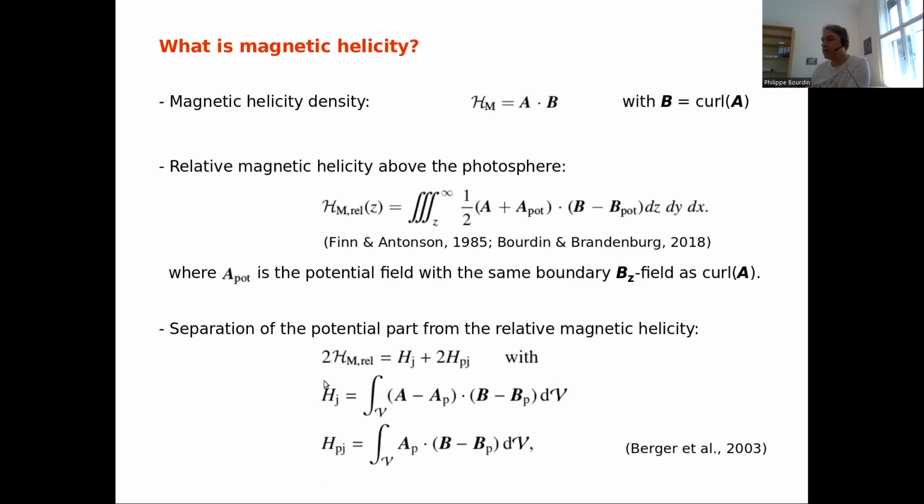They are defined in these two ways, as you see here. So again, using a potential field extrapolation from the same surface layer, you construct these quantities like this. And it turns out, if you do the math correctly, it's mainly an exercise for meditation, I would say, you will find that it is the same quantity, and this separation can actually be used.